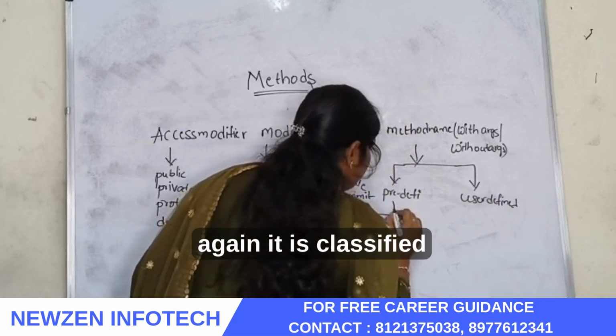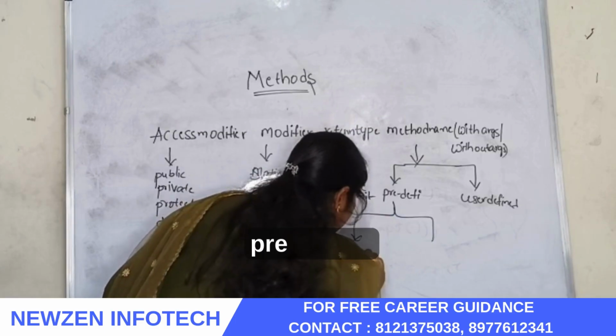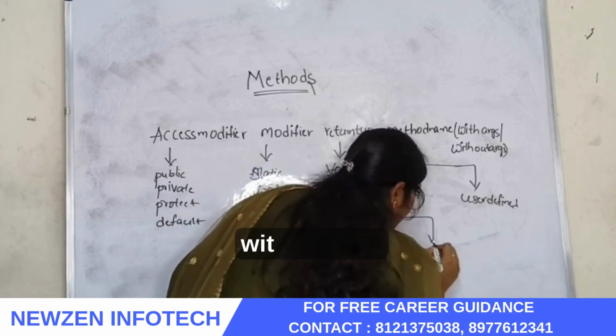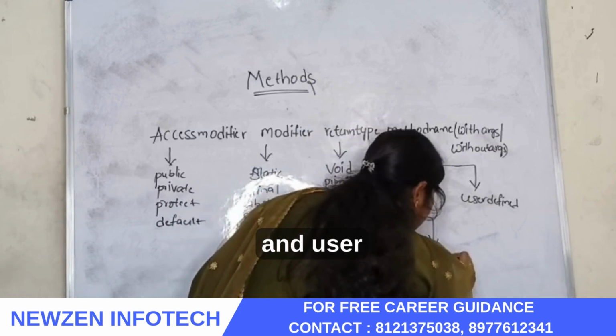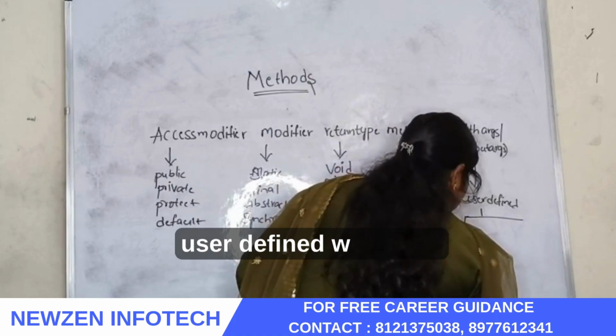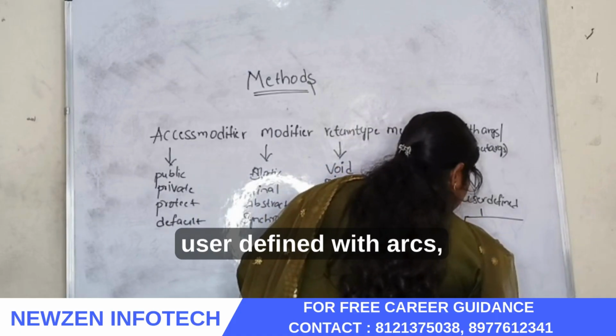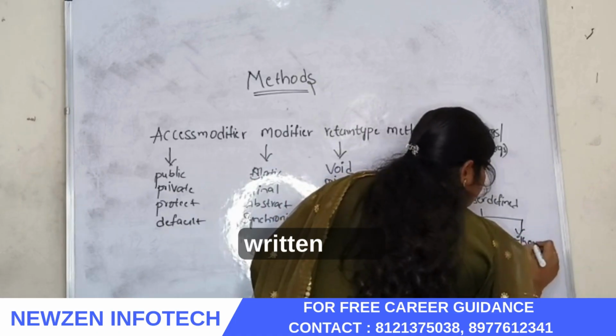And again, it is classified into two types: predefined with arguments, predefined without arguments, and user defined also classified into two types: user defined with arguments, user defined without arguments.